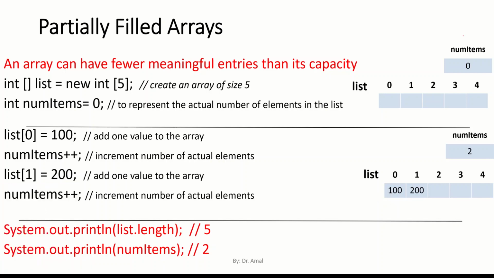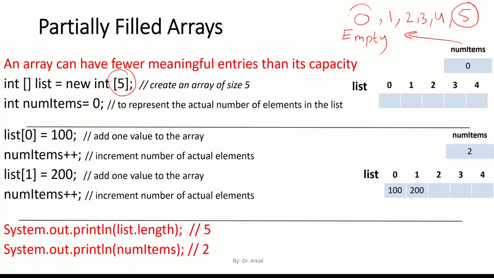So the number of items could go as follows. It could start from 0, where your array is empty because you have no elements, or it could be 1 if you have 1 element, 2, 3, 4, or the maximum, which is 5. And why do we say 5 is the maximum? Because the array length that we defined is of size 5.